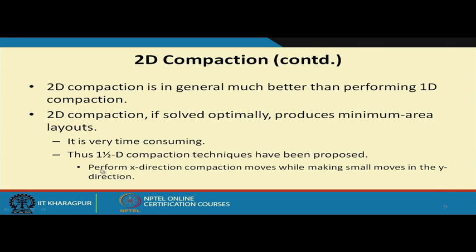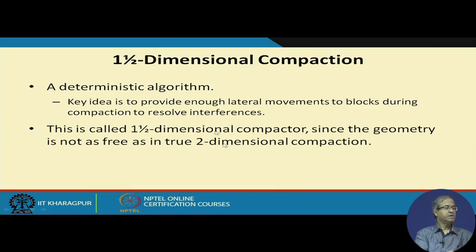That is why it is called 1.5D. So, let us say we are performing x direction compaction while making small moves in the y direction. This is the basic philosophy. So, this is a deterministic algorithm, not much checking is involved as we mentioned for the 2D algorithm.